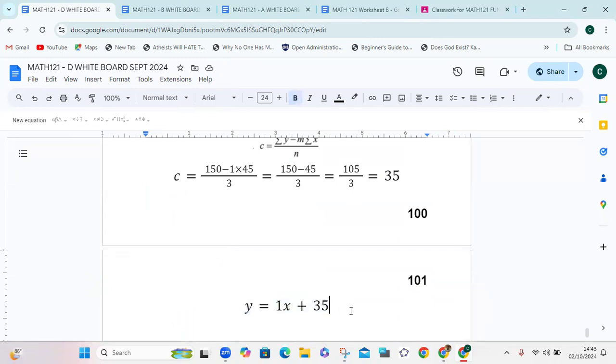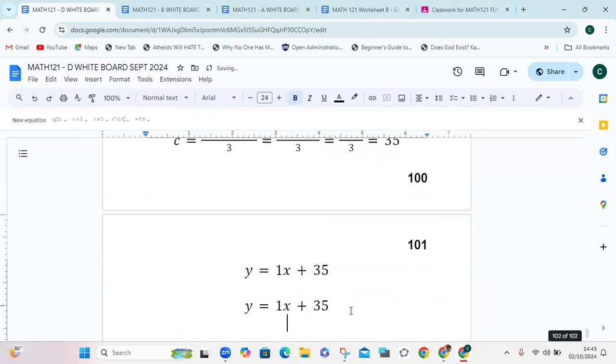Now we've got to write this in the form of score and hours. Y is hours and x is score. No. Y is score and x is hours. X is the independent variable, so hours is the independent variable. Score is the dependent variable, so score will take the position of y.